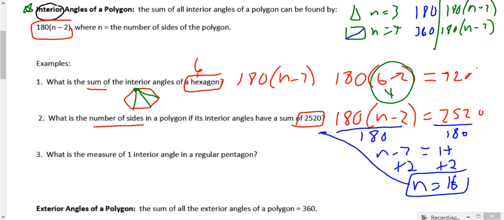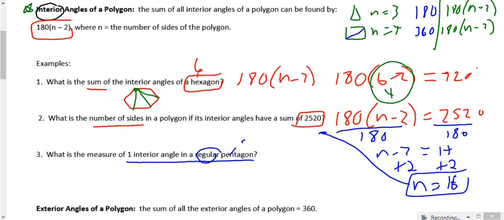What's the measure of one interior angle in a pentagon? Well, if it's regular, they're all the same. So we have to first find the sum of all of the angles in a pentagon.